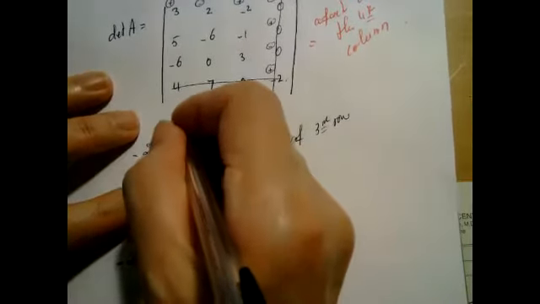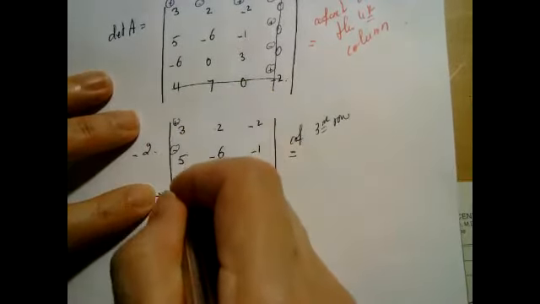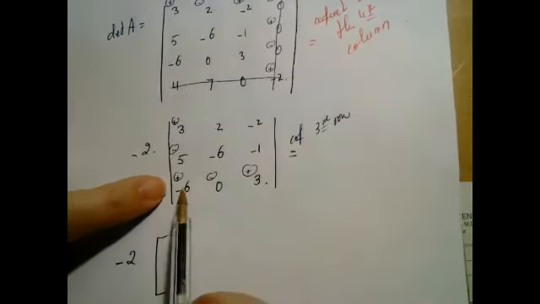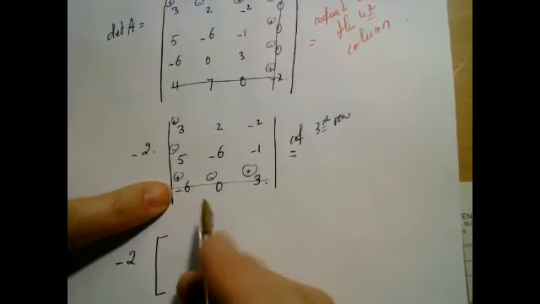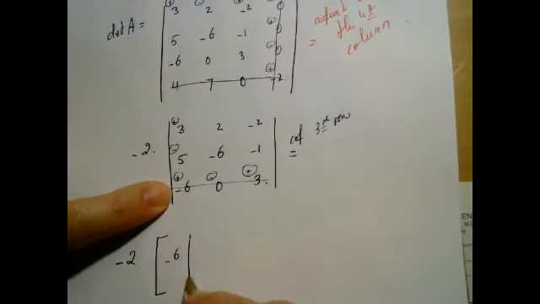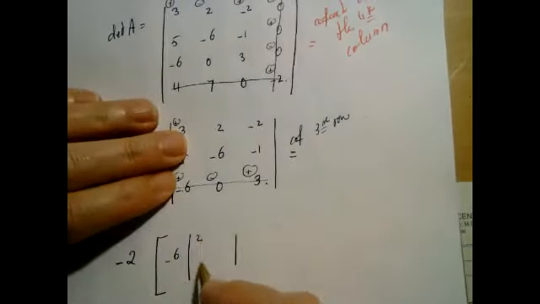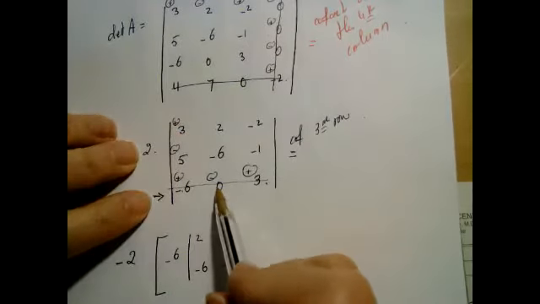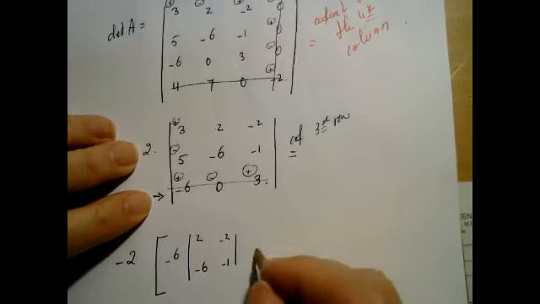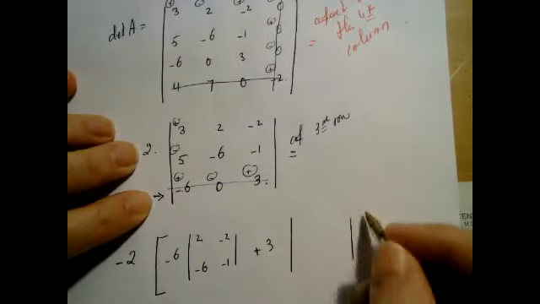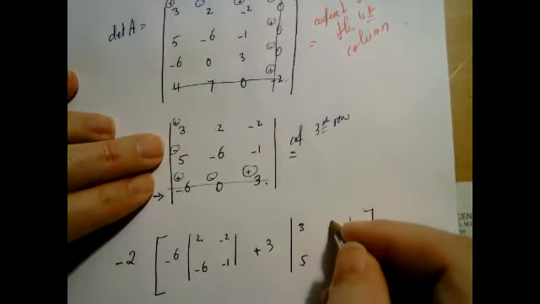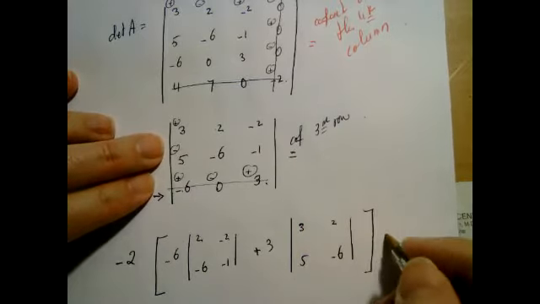So this will give me, that's a plus, minus, plus, minus, a plus. So this is the one I'm going after. So it's minus 6 times what's left. And then it's a 0, and that's a plus 3 times what's left, which is 3, 5, 2, minus 6.